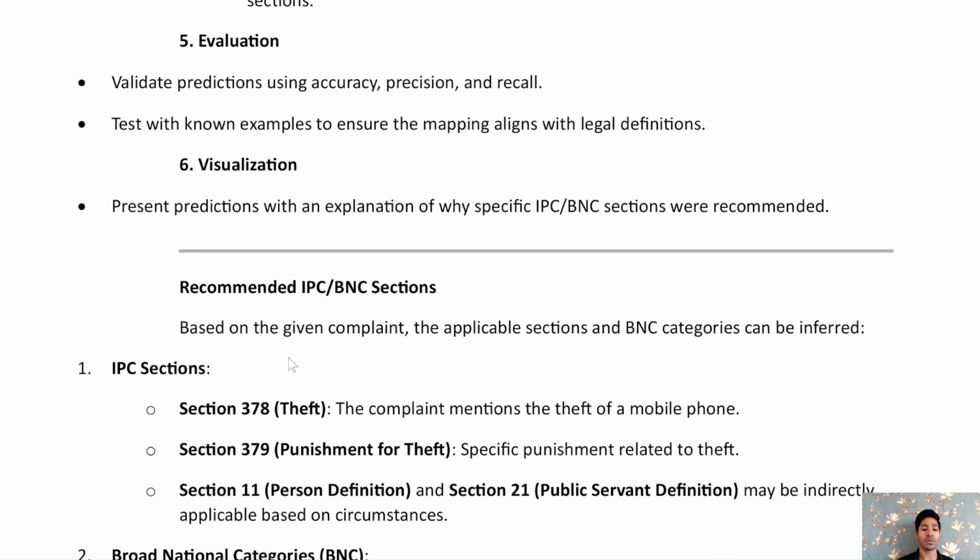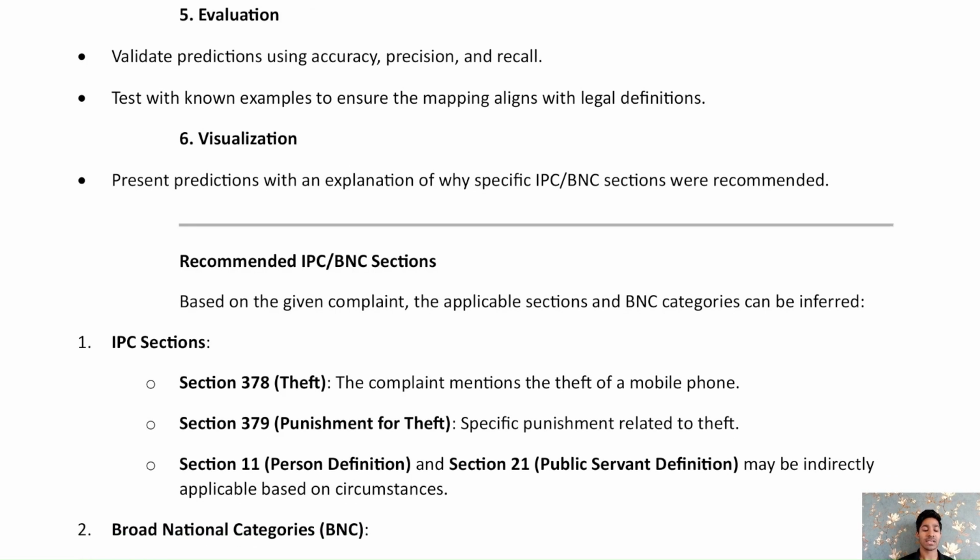So here is the output: recommended IPC sections based on the complaint, from which the applicable sections in the BNS category can be inferred. According to the complaint, the IPC sections related to the complaint are section 378 for theft, since this complaint mentions that the theft of a phone has occurred, and section 379, which is punishment for theft, which specifies the punishment related to theft.